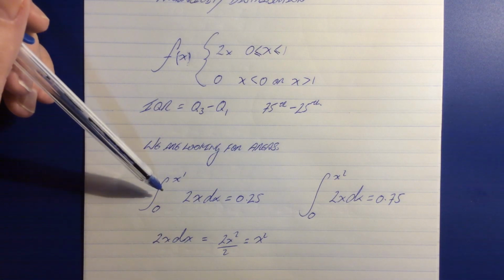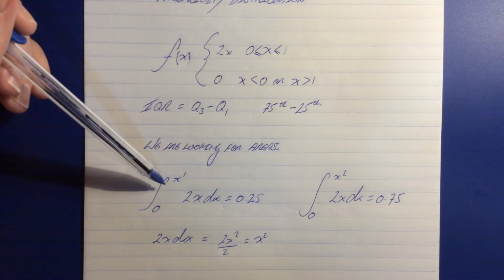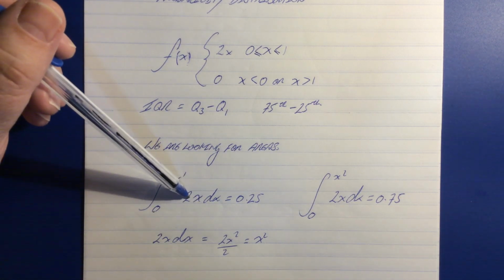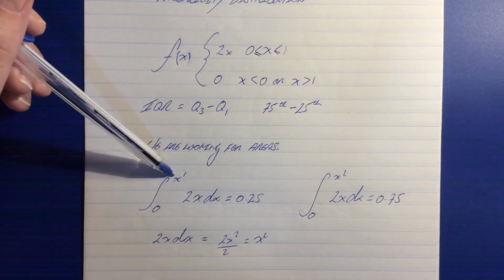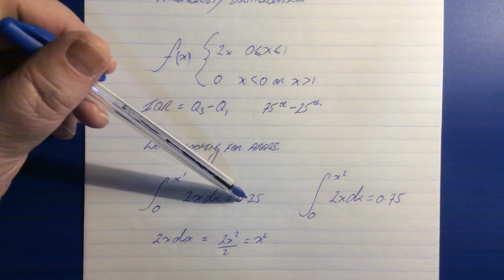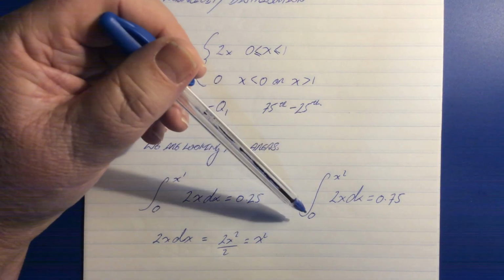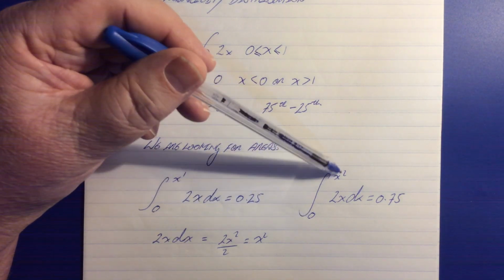So when we're looking for the 25th percentile, what we have to do is find the definite integral of 2x between 0 and some number which I've called x1, which gives us a result of 0.25. Similarly, to find the 75th percentile, we do the same thing.